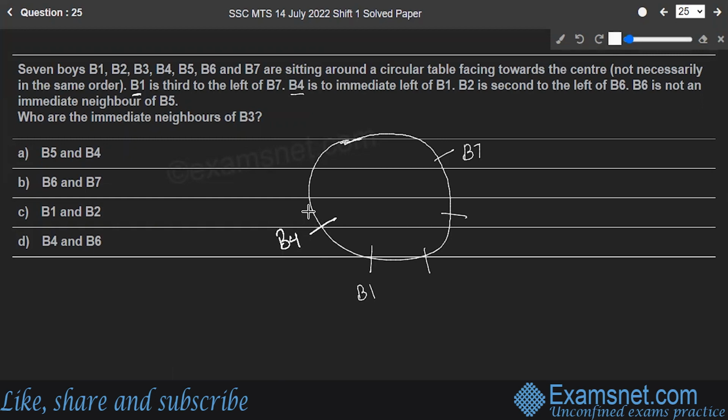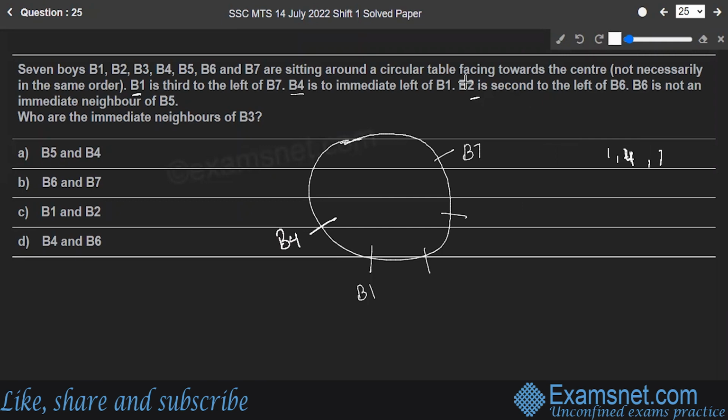Correct. Next, it says B2 is second to the left of B6. See, we have 7 friends, and we have already filled in the positions of B1, B4 and B7. Now it is saying B2 is second to the left of B6.